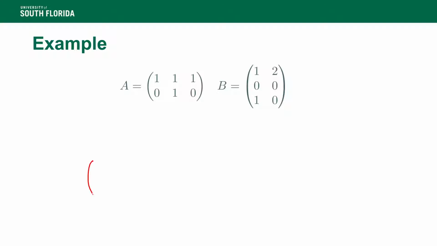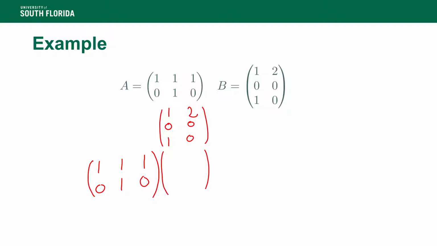Let's work this out on an example. The matrix A, I will write here like this, and then the matrix B, I like to write them here to facilitate the calculation of each coefficient. And this is my matrix A times B. If I want, for example, this coordinate, I will do the dot product of this vector and this vector.